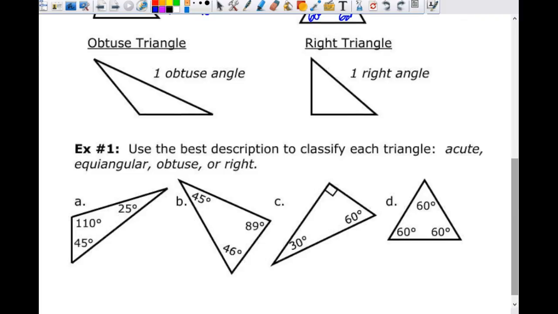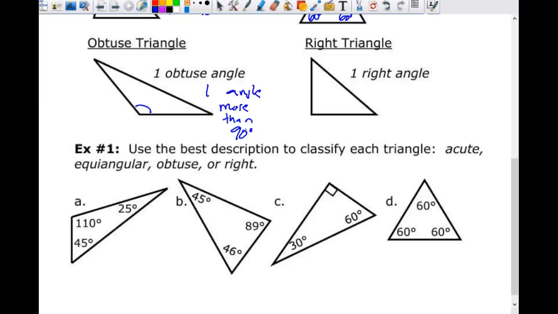An obtuse triangle has one obtuse angle in it. Here's our obtuse angle, right here. So one angle more than 90 degrees.